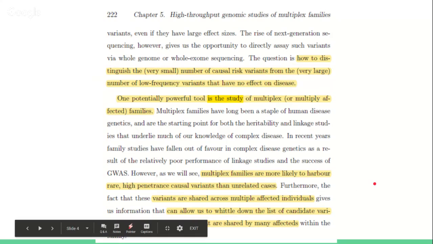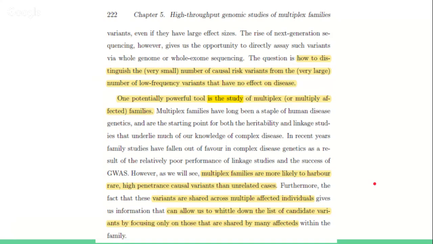The variants are shared across multiple affected individuals, which allows us to whittle down the list of candidate variants by focusing only on those shared by many affected individuals. So the key here is, if thousands or millions of variants of low frequency could have an effect, how do you whittle down the ones that do have an effect? The argument by Luke Jostins is that multiplex families with whole genome sequencing give you that extra leverage.